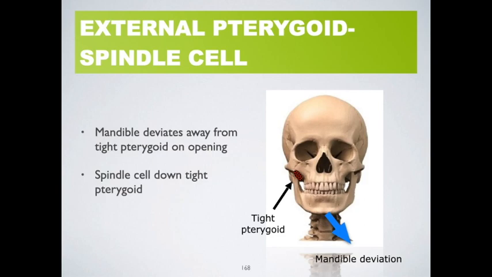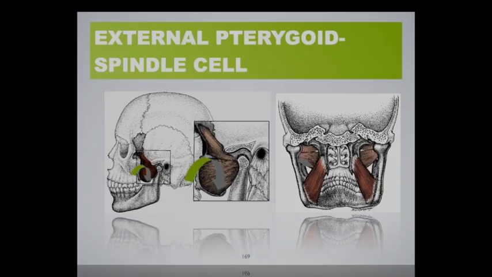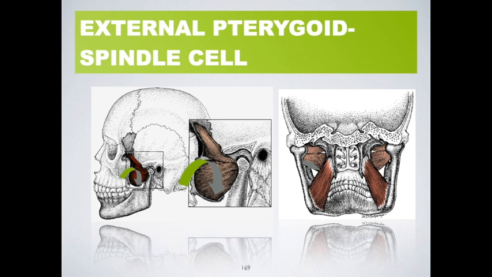And with the external pterygoid spindle down, basically you take your smallest finger and you go up and get in the middle of the muscle and gently push just to give it a stretch. You're trying to reset. You can't get two fingers in there to spindle it down. You've got to just get in there and work it. And it's very effective. It really is.